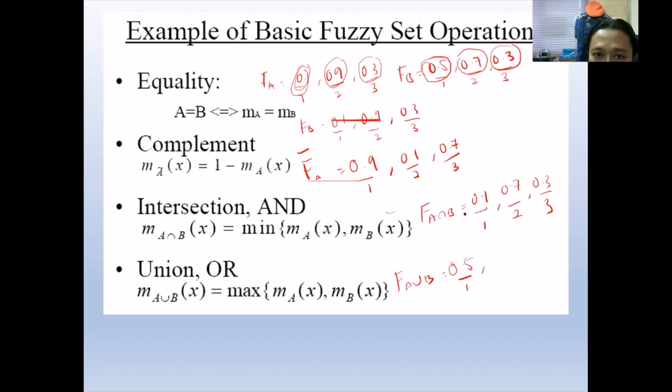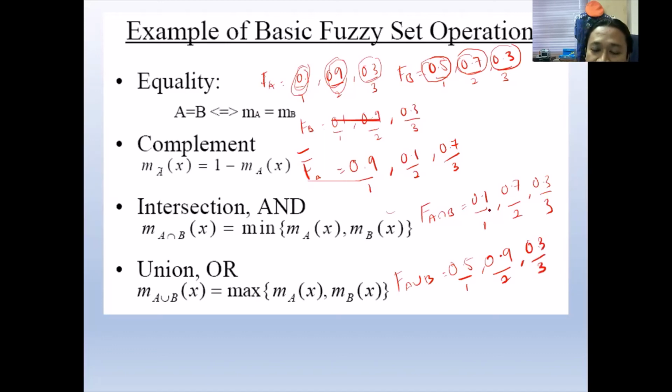Then the second sequence, 0.9 and 0.7, so the maximum is 0.9. And then sequence number 3, 0.3 and 0.3 are the same, so the answer is 0.3.